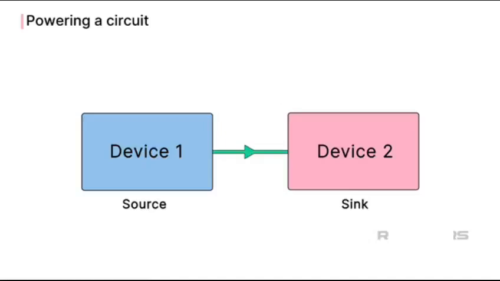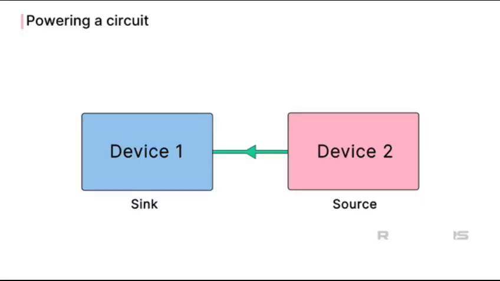If device 1 is connected to device 2, and the current flows from device 1 to device 2, then device 1 is sourcing, and device 2 is sinking. If we flip it and imagine the electrons flowing the other way, then we make device 2 a source, and device 1 a sink.